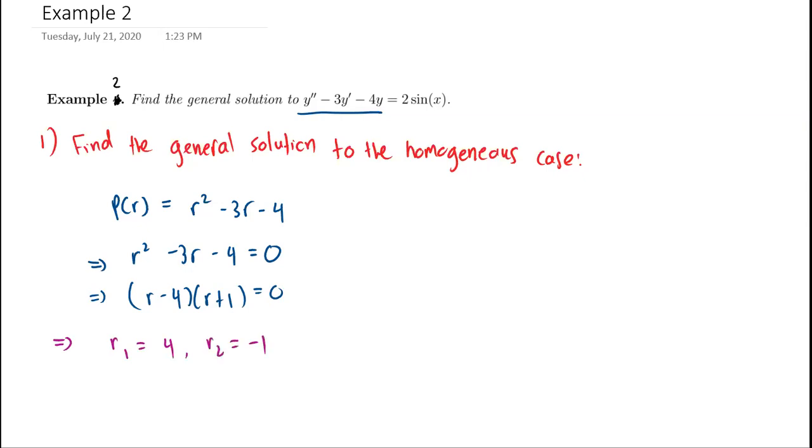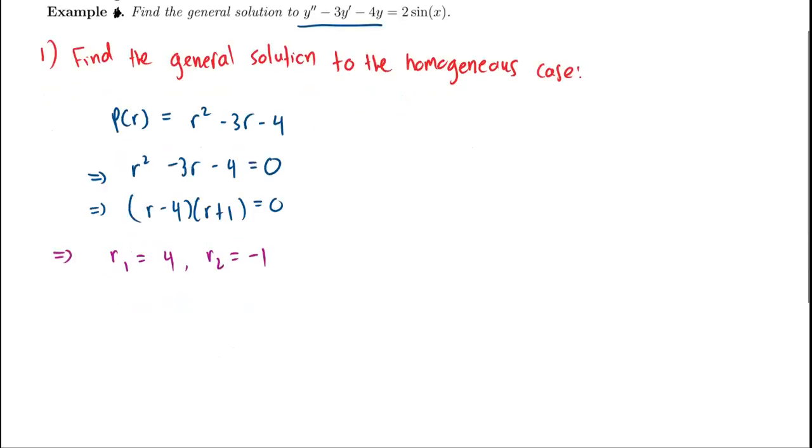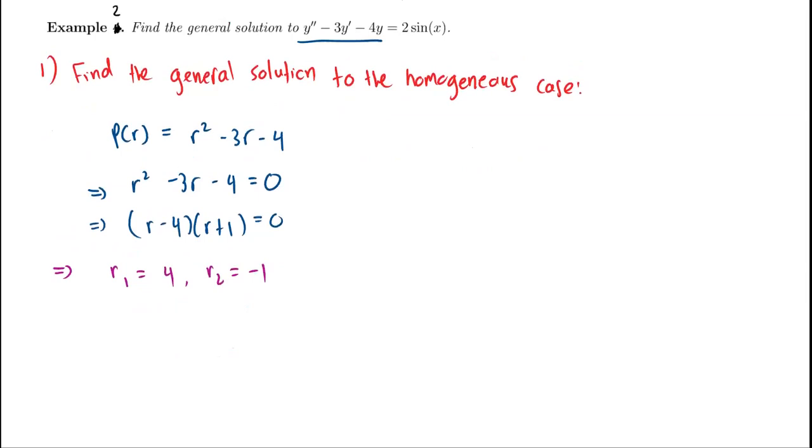Now that we have the roots, just go back to the slides in the previous video or memorize them, because eventually you just memorize them as you use them. We get that the general solution is y of x equals c1 e to the 4x plus c2 e to the negative x.